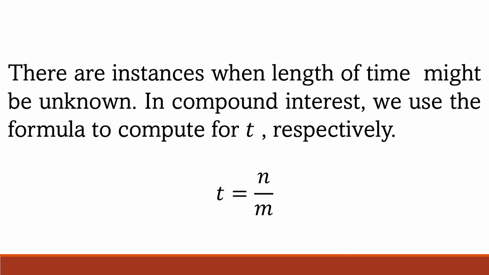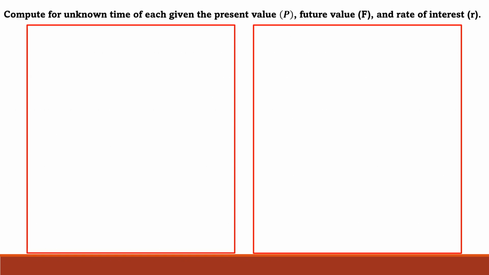Okay? So, for today's video, we will compute for a known time of each given the present value P, future value F, and the rate of interest. So with the given first example, principal amount is 50,847.46.